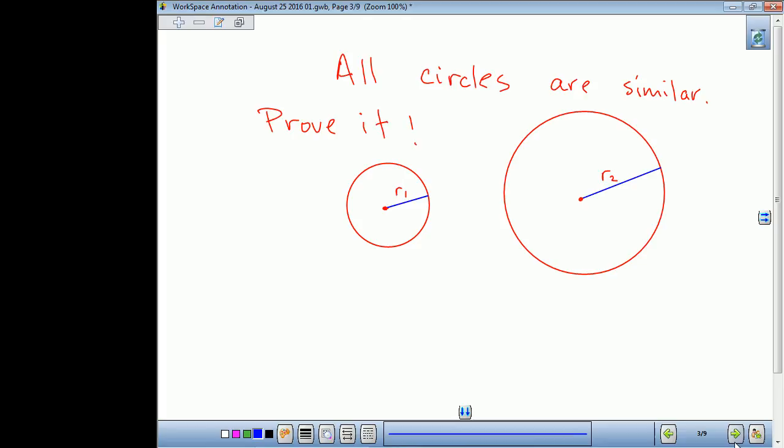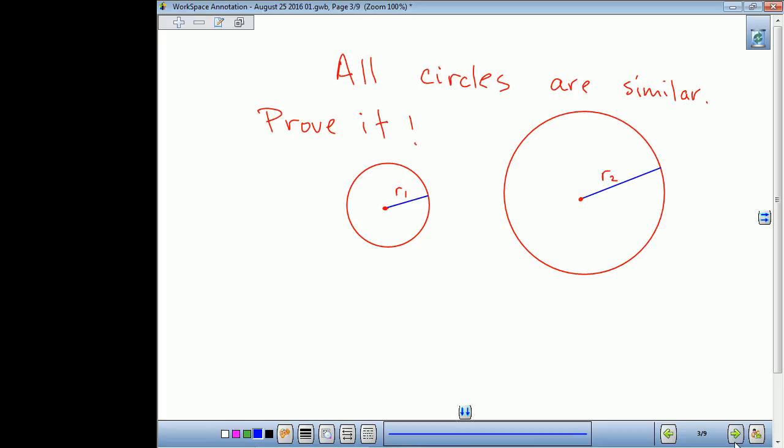And over here I heard exactly what I was looking for, and I heard it again here: that the ratios of all the lengths, the ratios of all the measures, are equivalent.